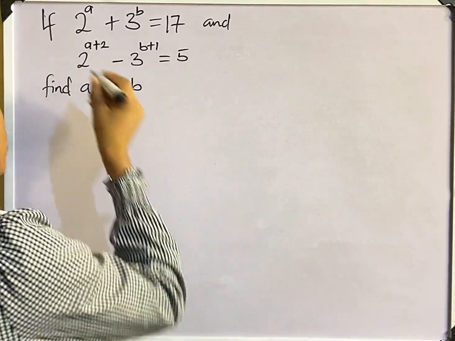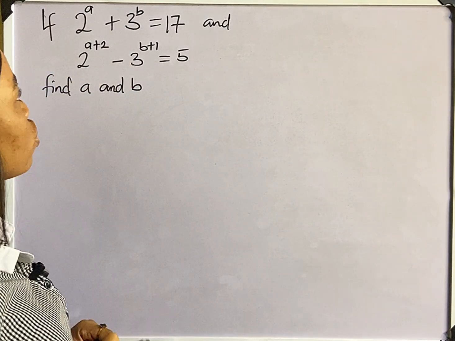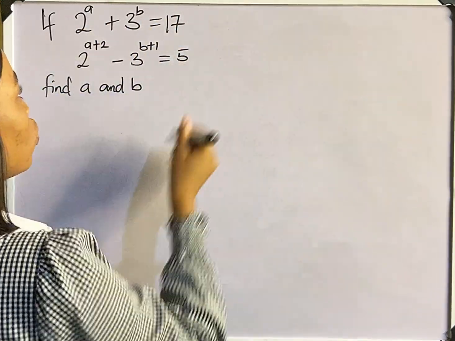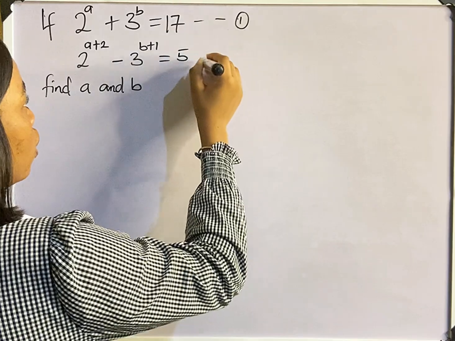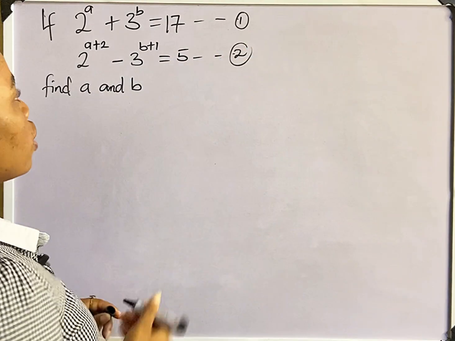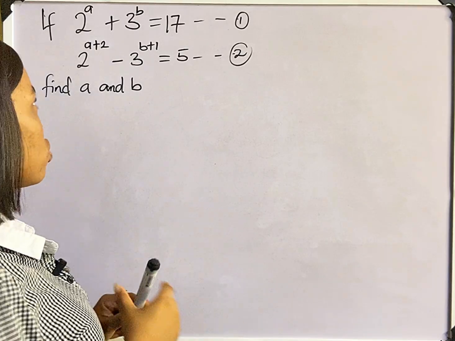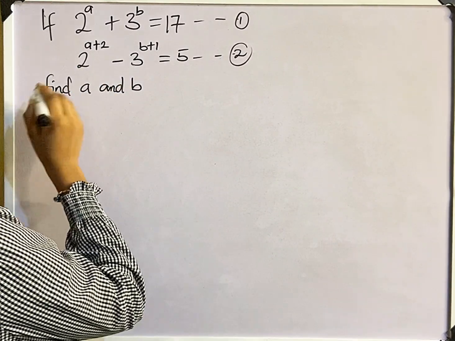So I'm going to call this my equation 1, and then I'll call this my equation 2. Now for my equation 2, I want to simplify it.